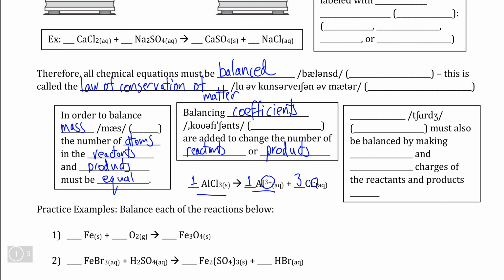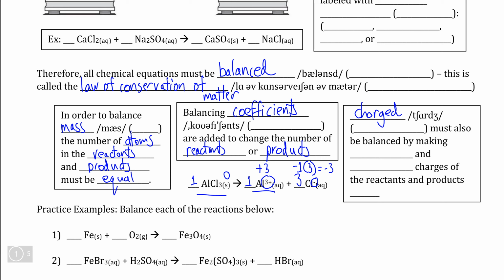Now, the other thing that we balanced unknowingly by looking at this reaction here is that we actually balanced the charge. If we take a look, we can see that aluminum chloride has no charge because there's nothing written above here, but aluminum has a charge of +3 and chloride has a charge of -1, but we know that -1 times 3 is -3.